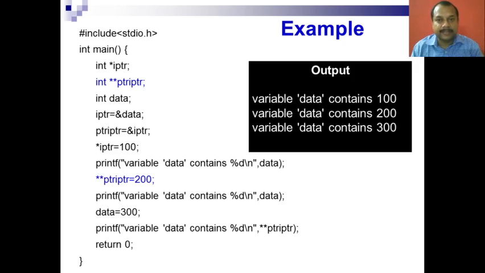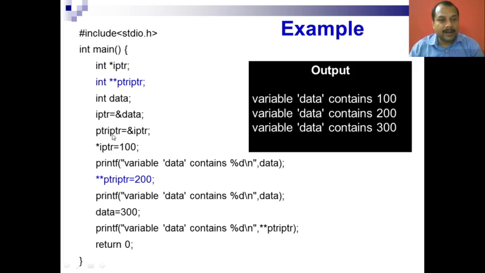But a simple example to demonstrate that one. So first line, it is int star iptr and int double star ptriptr, then simple integer data. Now if I write iptr, then that is equal to ampersand data, because that is one single indirection. So the content of iptr is the memory address of an integer variable.